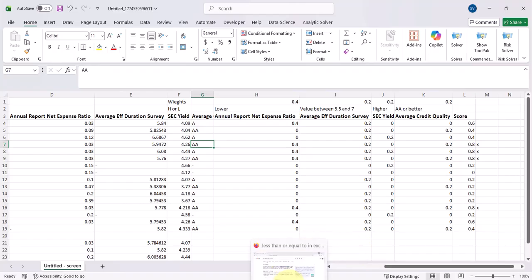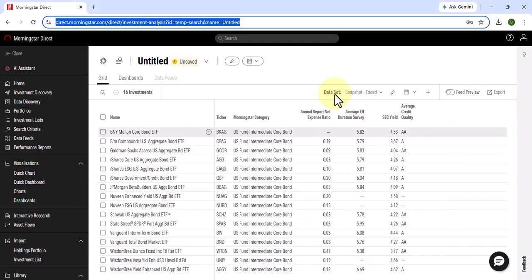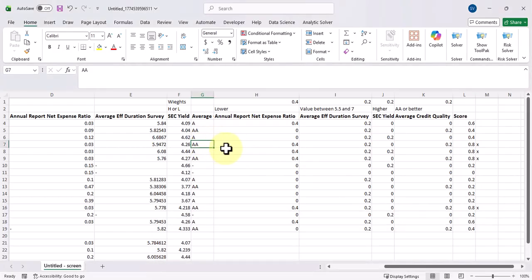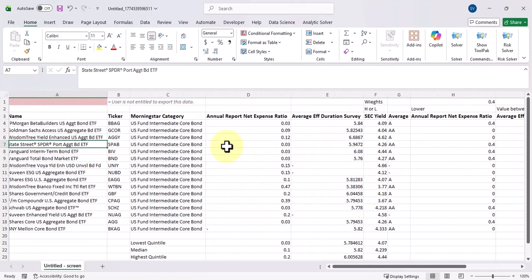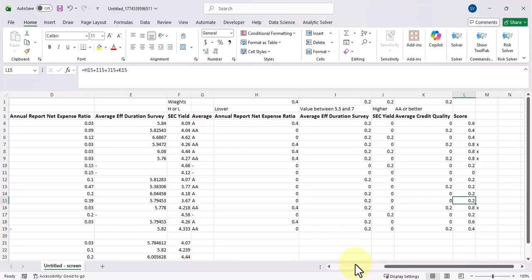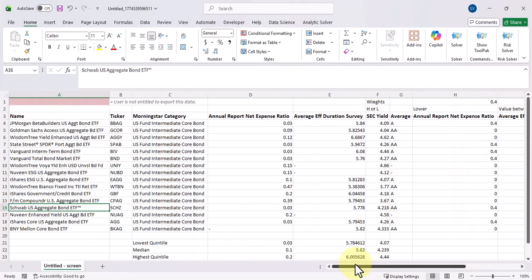So I'm going to go out here again, back to Morningstar Direct. My best ones were the State Street Spider Portfolio Aggregate Bond ETF, the Vanguard Intermediate Term Bond ETF, the Vanguard Total Bond Market ETF, and then finally the Schwab US Aggregate Bond ETF.